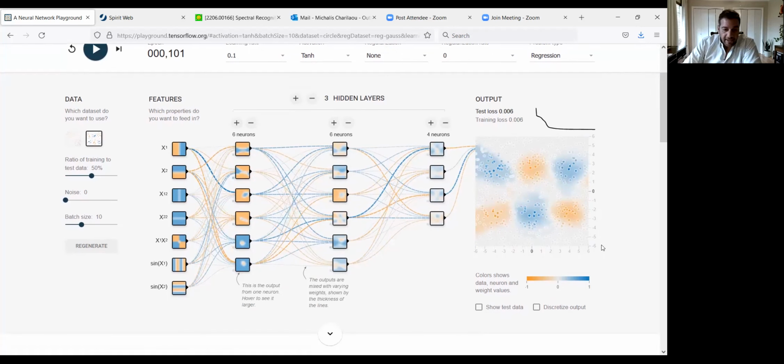Now, so I showed you 2 neural networks before, a convolution neural network and a multi-layer perceptron. Can anyone tell me what type of network this is? By looking at this? Do you see convolution or do you see this MLP thing?